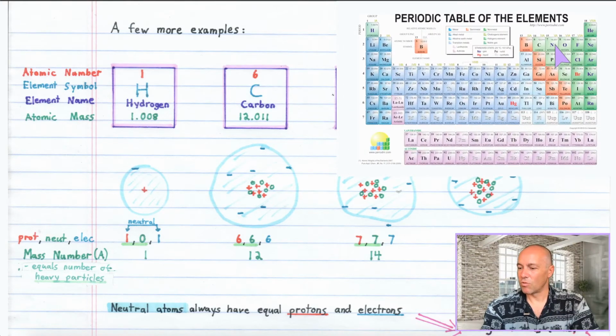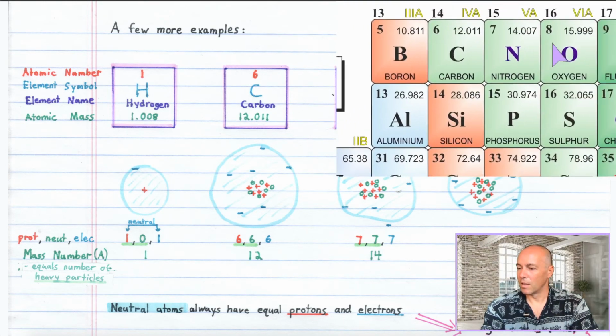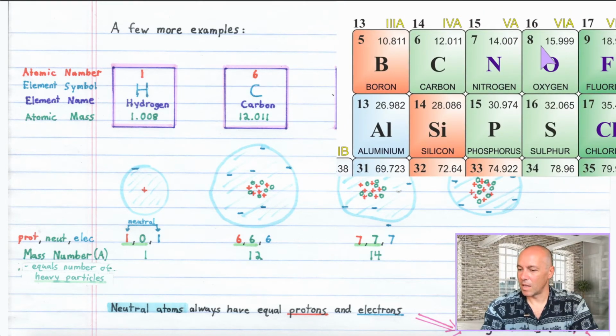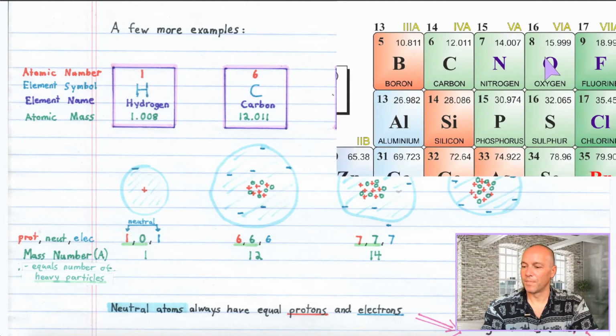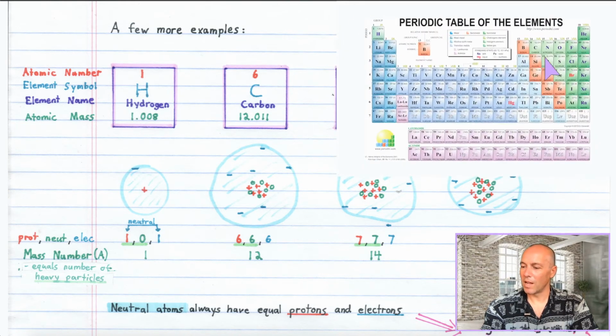Carbon, nitrogen, and oxygen are all right next to each other. They're right there. Elements 6, 7, and 8. Okay, so those 4 elements we're going to learn an awful lot about this semester, and we're going to learn an awful lot about their atoms as well in this chapter.